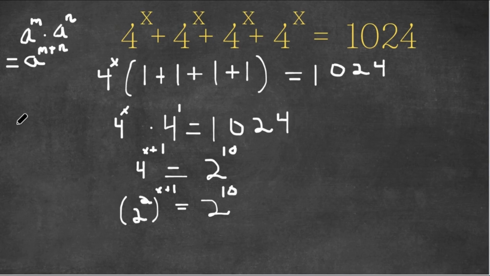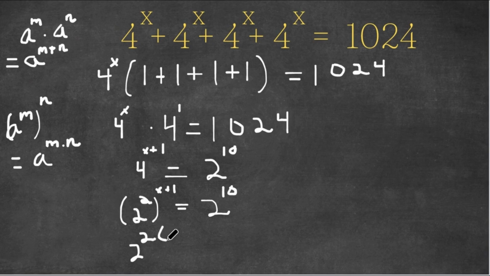Now, if we have an exponent in the form a to the power of m to the power of n, this is actually equal to a to the power of m times n. So we have 2 squared to the power of x plus 1, and this is going to equal 2 to the power of 2 times x plus 1 in parentheses. Remember, it's going to be in parentheses.